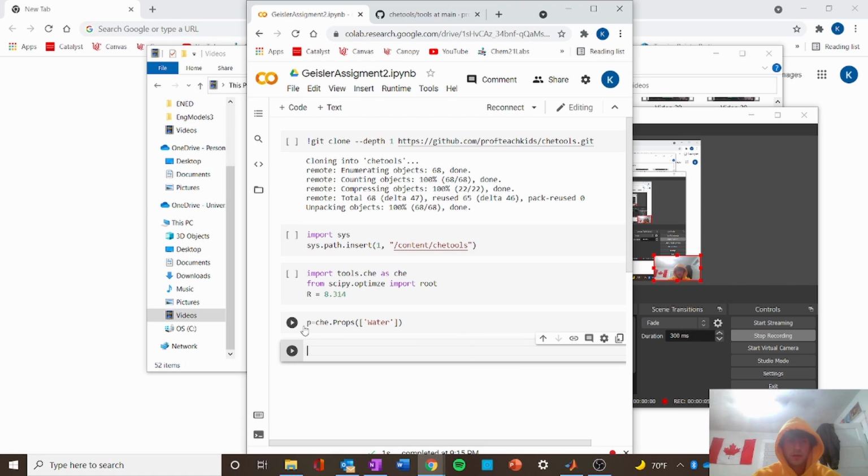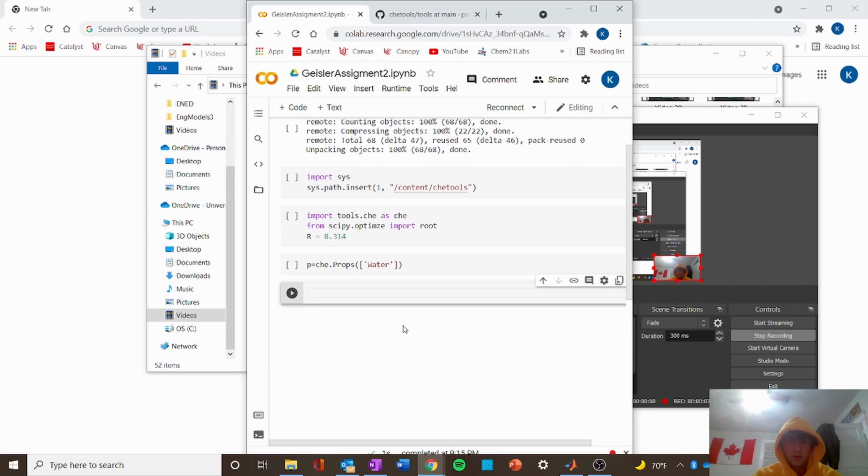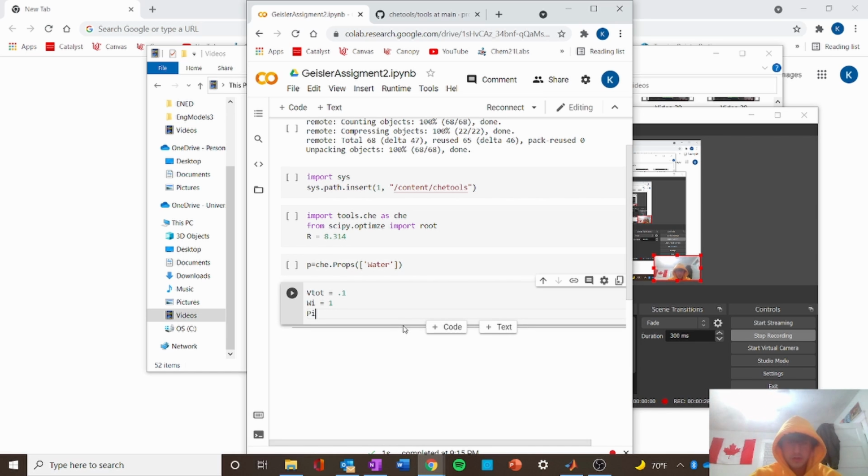Now we're going to add all of the values that we've been given. V, the total volume, is 0.1, and the weight of the water is 1 kilogram. The initial pressure, PI, is 101.325 kilopascals, but we're going to use pascals.